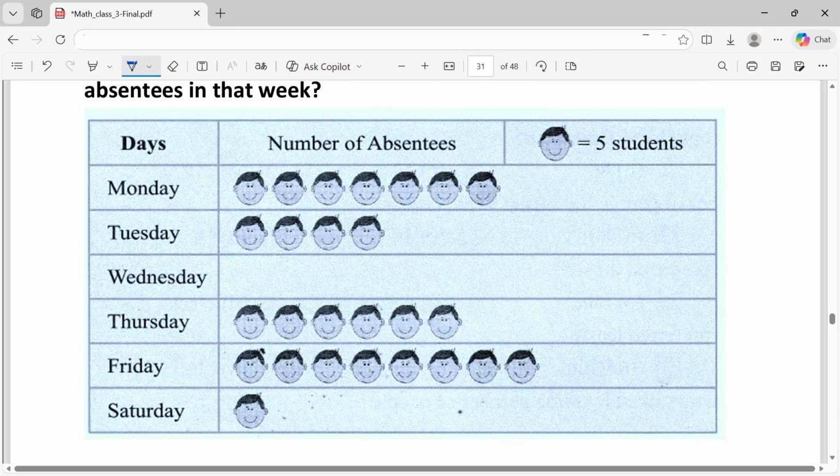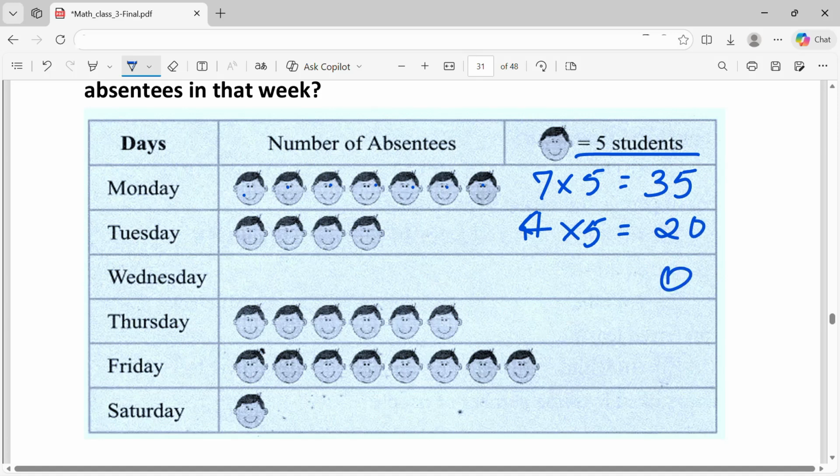Given that one icon represents 5 students, on Monday there are 1, 2, 3, 4, 5, 6, 7 icons. That is 7 into 5, which is equal to 35. On Tuesday, 4 into 5, that is 20. Wednesday, 0. Thursday, that is 6 into 5, that is equal to 30.